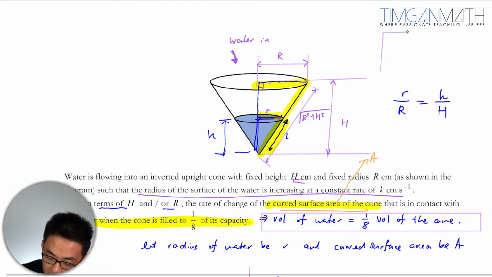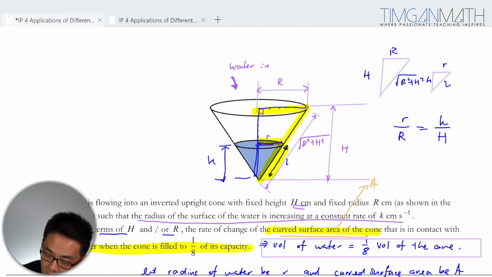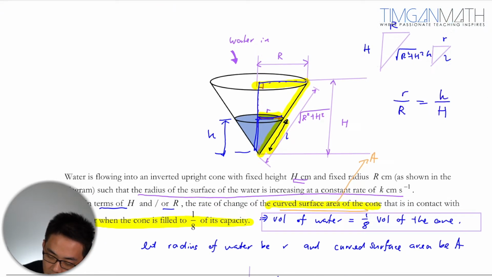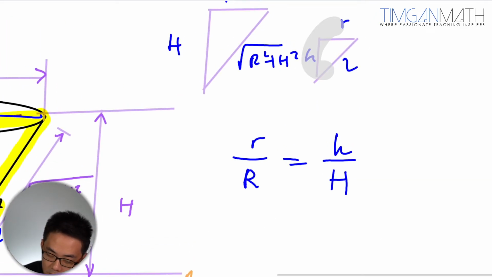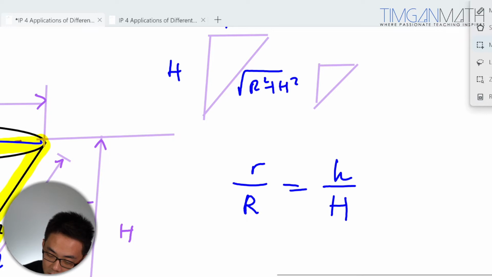So this big triangle, the small triangle, and maybe I should draw it out just now. So this is capital R, this is H, this is the square root of R squared plus H squared, and then this is r, this is h, this is l. Okay, so yep, this triangle is important. If you don't have this triangle, probably quite tough. Just draw this out.